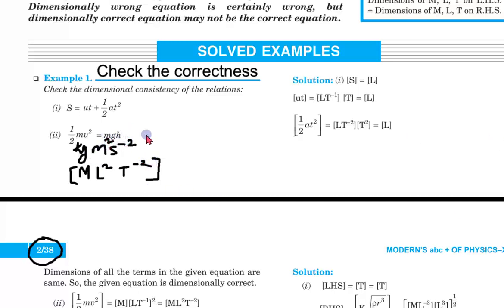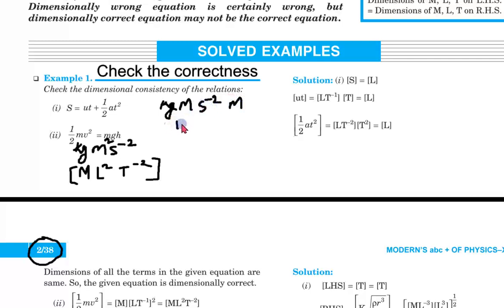Here I have mass. Mass, as I've said, is measured in kg. Here is acceleration due to gravity. G is acceleration due to gravity. Acceleration is meter per second square. And height is also length. It's a measure of length, so I can measure in meter.